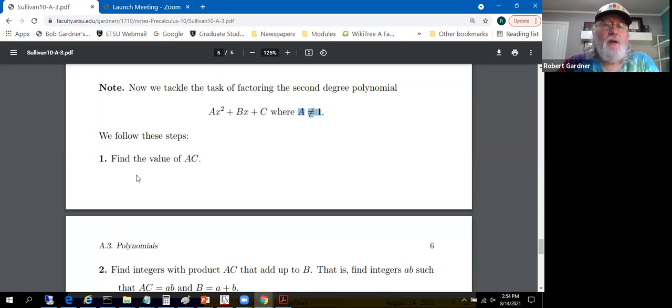Here's what we'll do. Find the value of A times C. Multiply these two together.